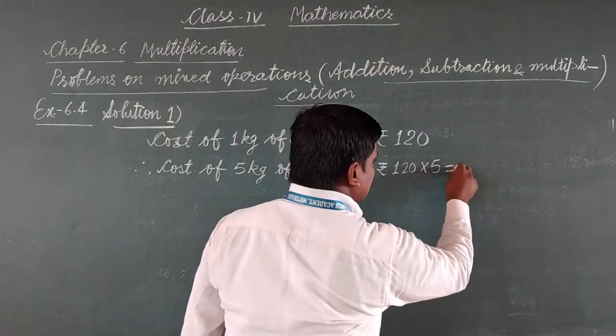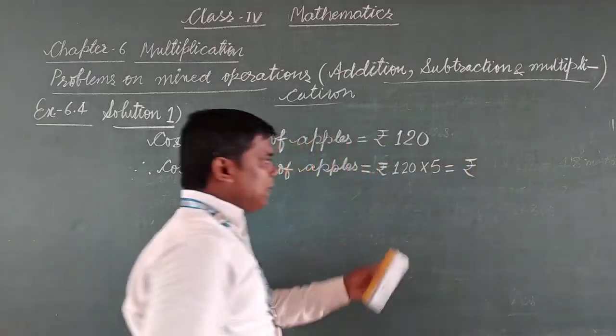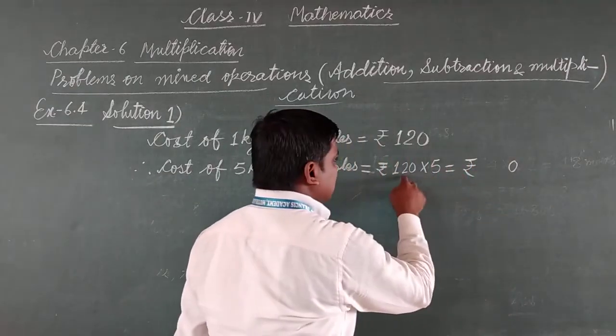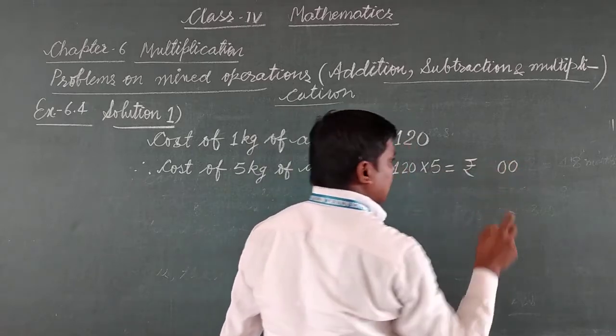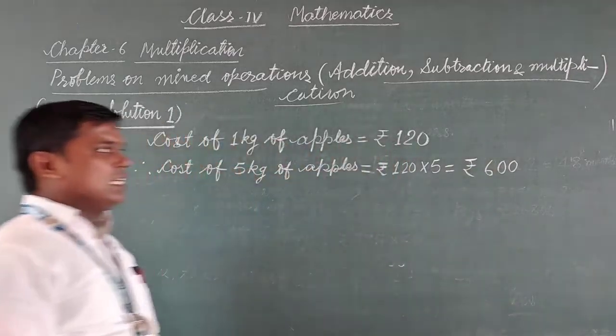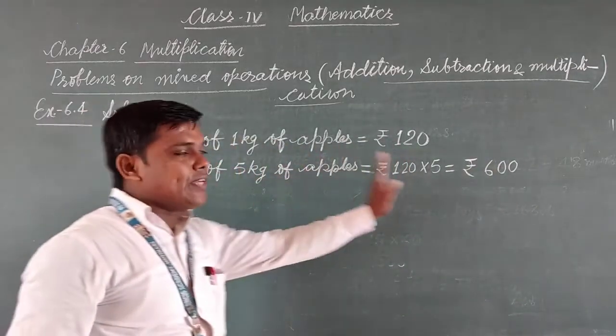When you multiply, 0 times 5 is 0, 5 times 2 is 10, 0 carry 1, 5 times 1 is 5, plus 1, 6. Rupees 600. This is the cost of 5 kg of apples.